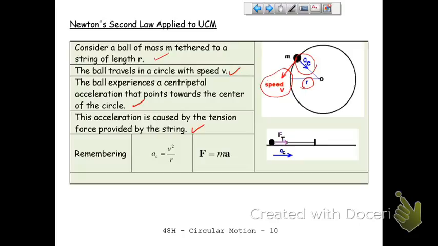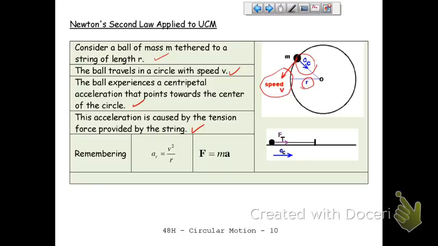Or if you've got a banked track there's actually a normal force which has a component pointing towards the middle. But in each case you have a force that creates an acceleration in the direction that you want. So I try not to talk about centripetal force. I talk about centripetal acceleration all the time, but not the force.